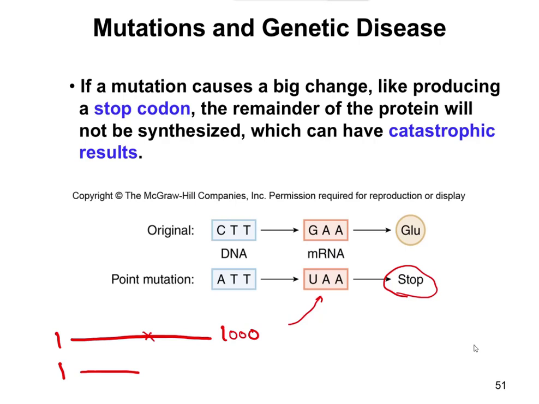Now your protein might only go 1 to 500. And you can imagine if the region over there is important in doing stuff, your protein's not going to work as well as it used to. So again, different mutations can have a wide variety of effects, ranging from no effect at all with those silent mutations to very catastrophic effects, like what happens if you introduce a stop codon or, for instance, in the case of hemoglobin.